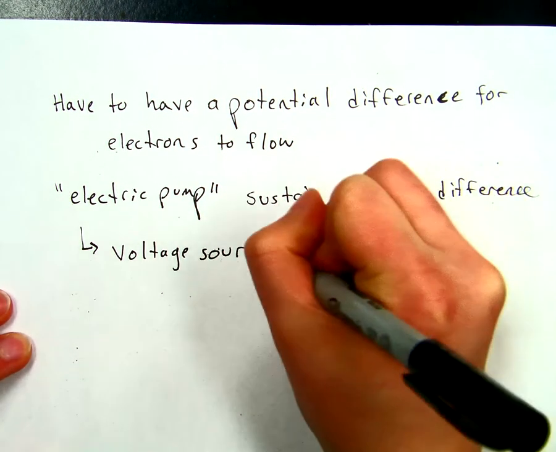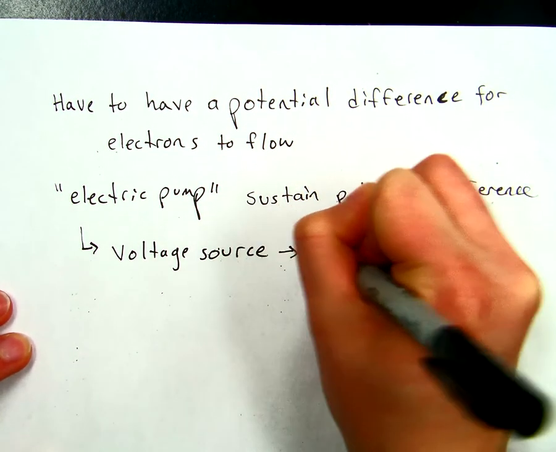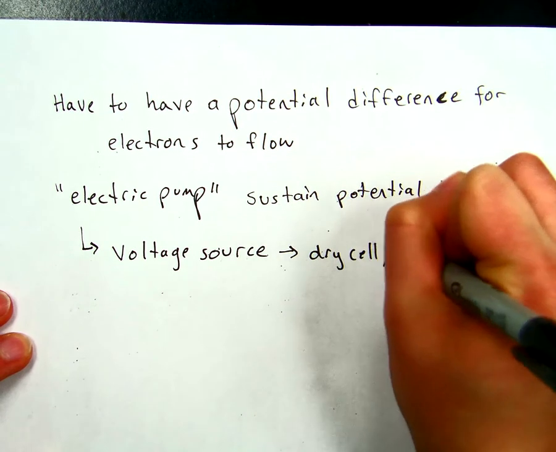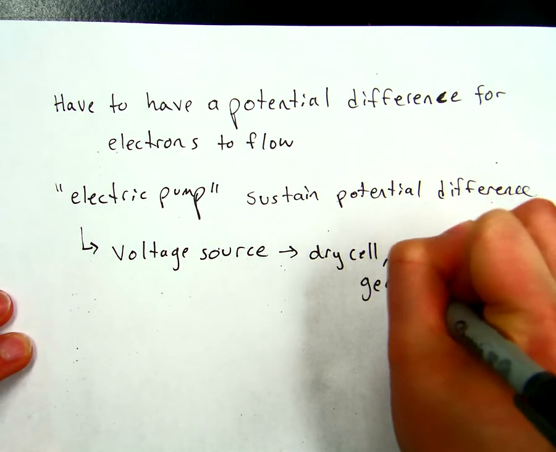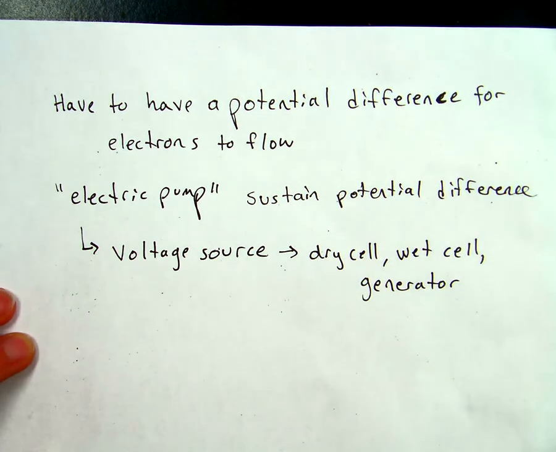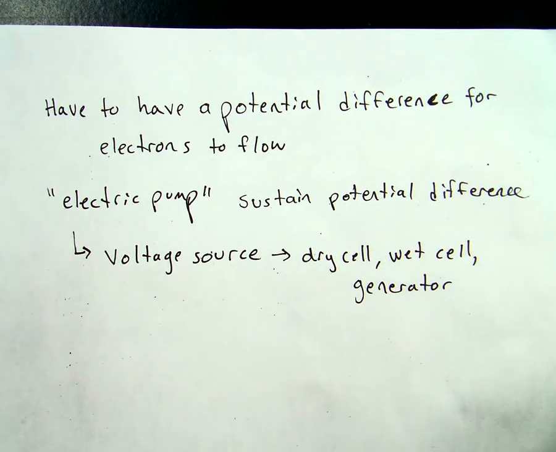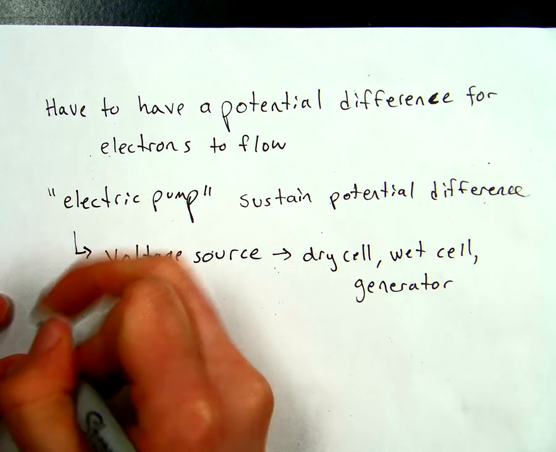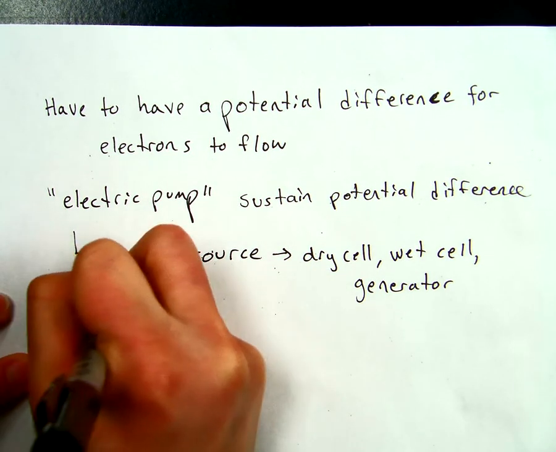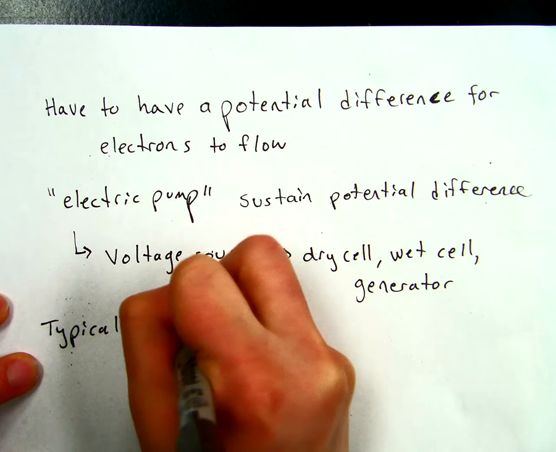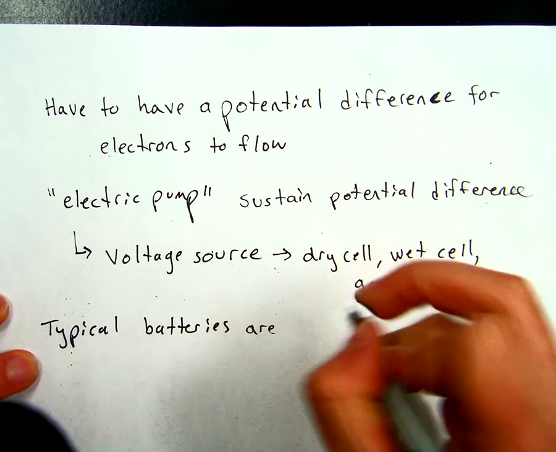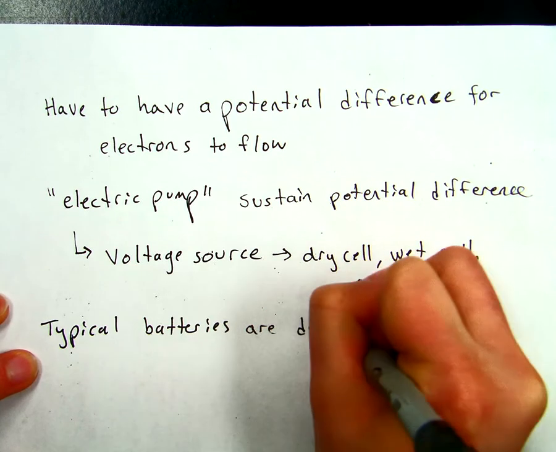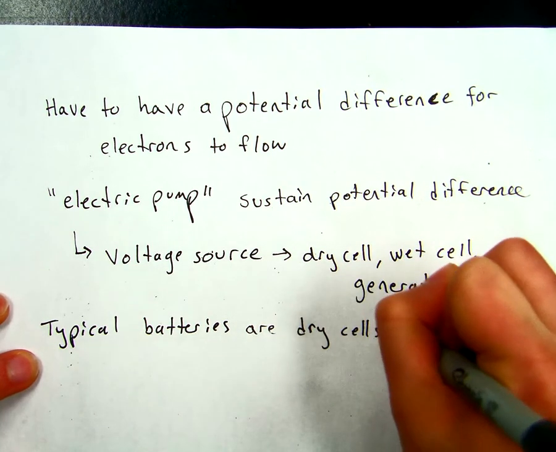A voltage source can either be a dry cell, a wet cell, or a generator. The batteries that you often think of, which are excellent voltage sources, so typical batteries, are dry cells linked together.